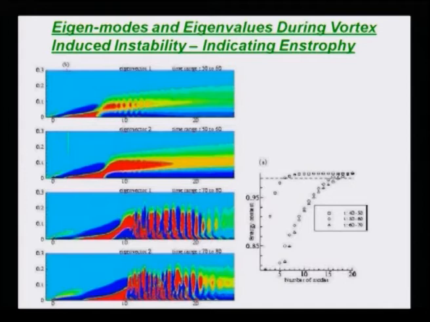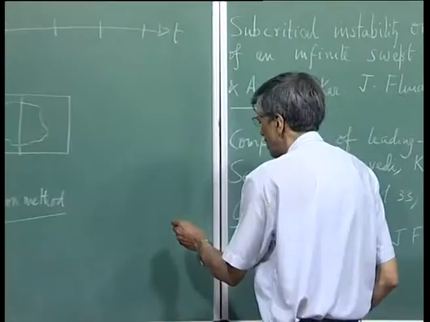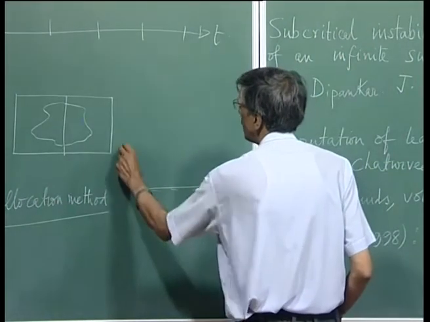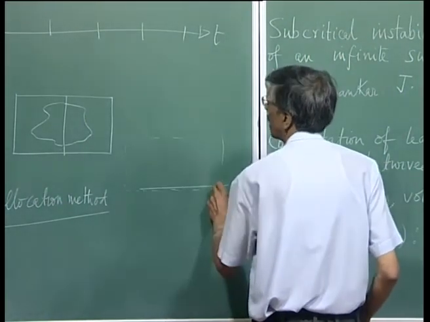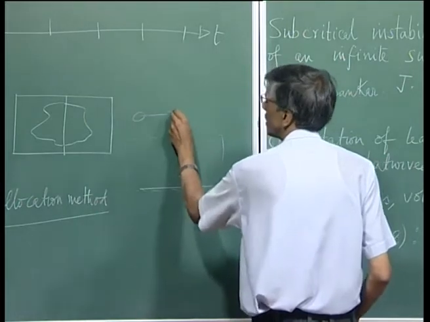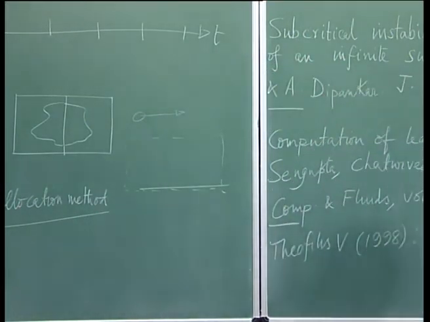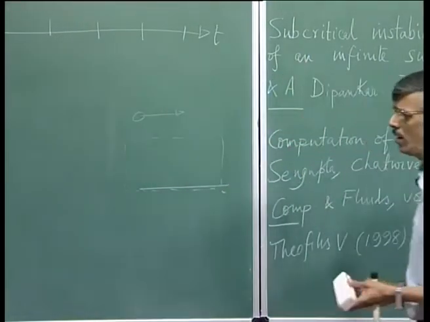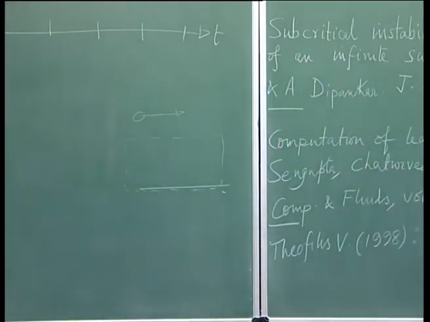For this simple problem of vortex induced instability, so we have this domain, and this is where the vortex is migrating. We can basically just simply look at how the flow is evolving.